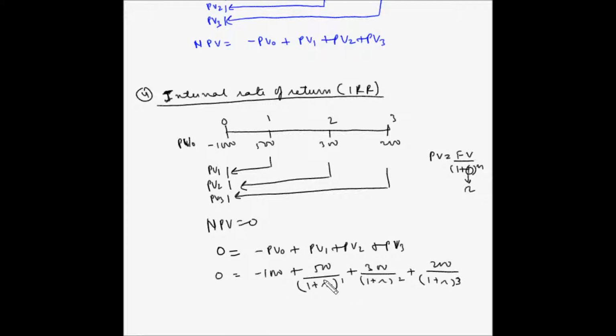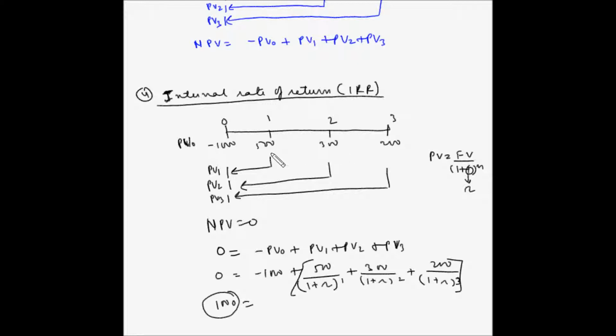Now the same thing can also be written as 1000 is equal to this portion here. So what this means is the present value of the cash outflows is equal to the present value of the cash inflows at IRR. So this is the rate of return which the project's cash inflows are giving.